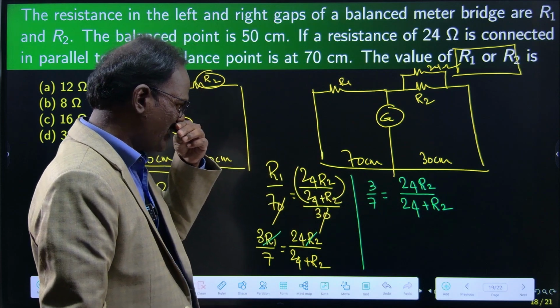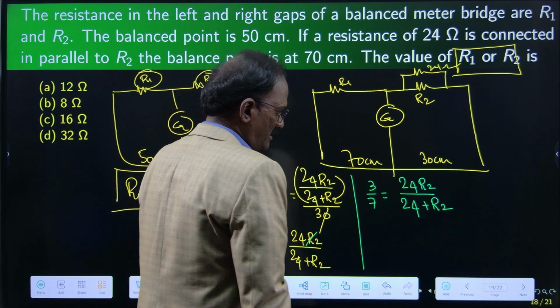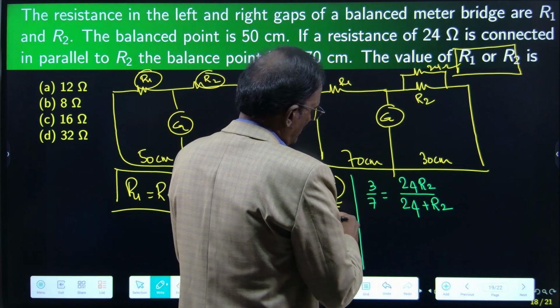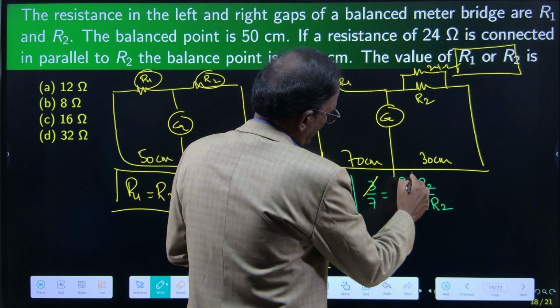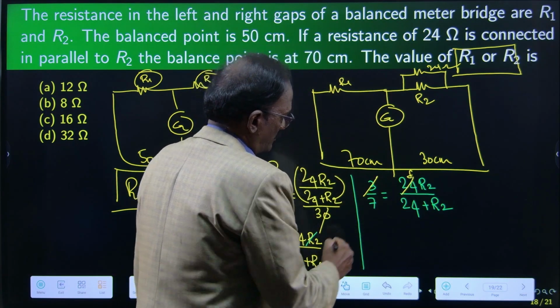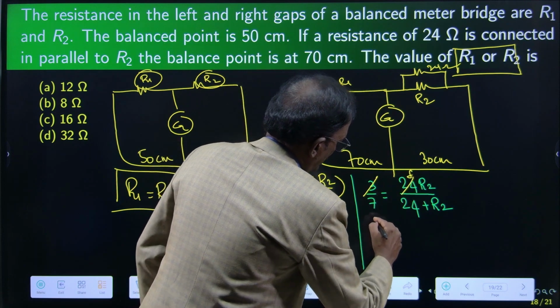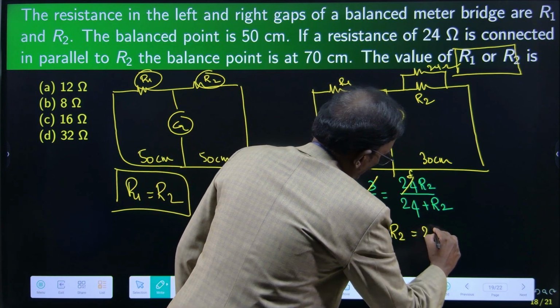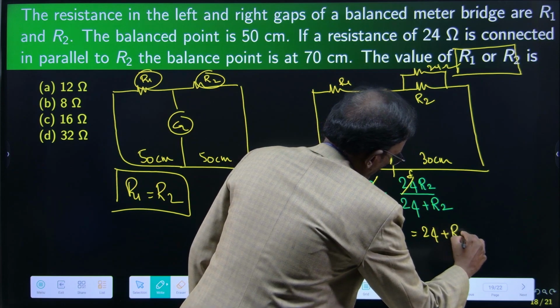Only one variable is available, R2, so we can find its value easily. So this is 3, this is 8, 8 times 3 is 24. So 7 into 8, 56 R2 is equal to 24 plus R2.